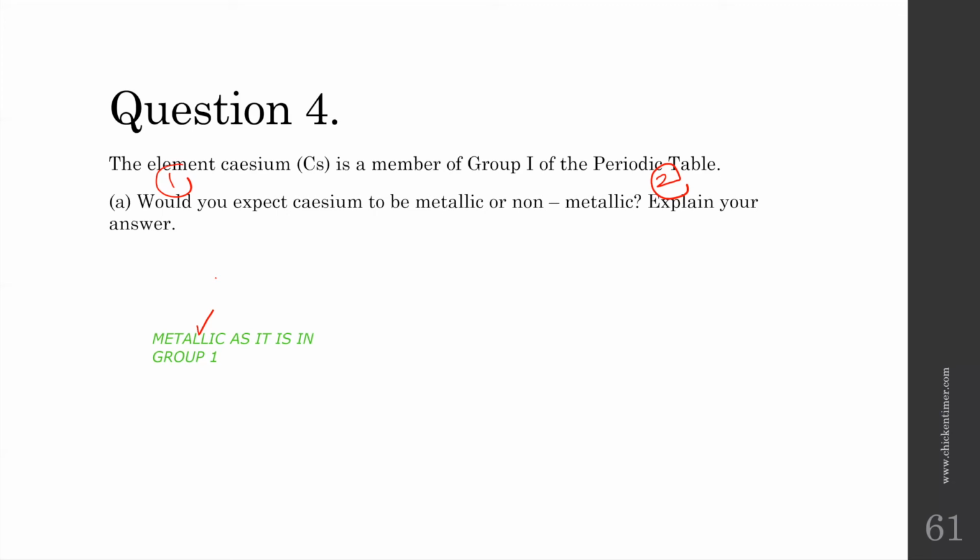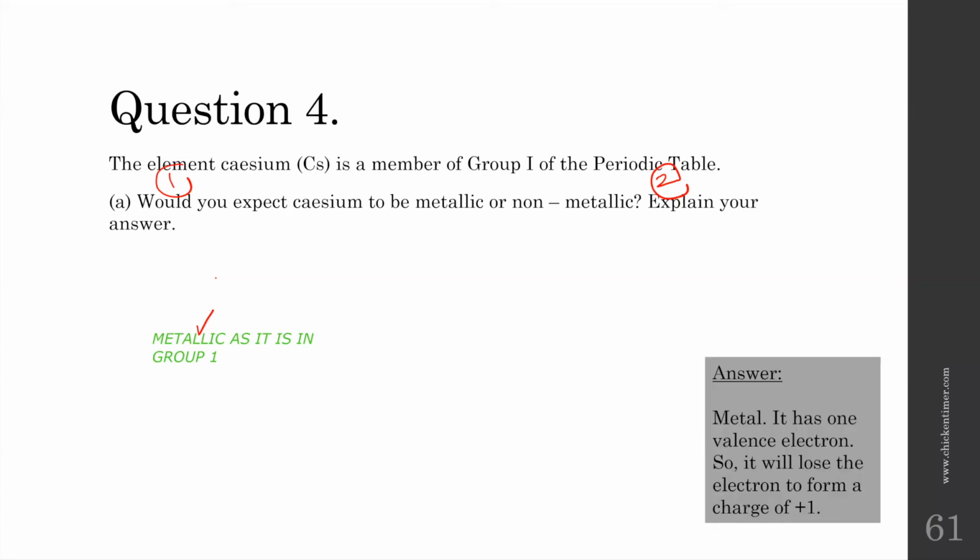How you know something is a metal is that it will react and give away 1 electron to form a positive ion, or give away 2 electrons to form a positive ion. An indication of something being metallic is that it gives away electrons to form positive ions. So in this case, cesium is considered metallic because it gives away 1 electron to form a Cs+ ion. It has 1 valence electron, then it will lose it to form an ion with a charge of +1. So it is a metal.